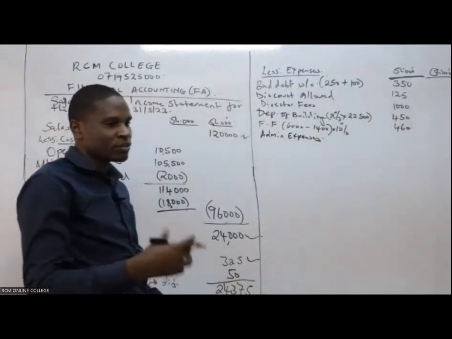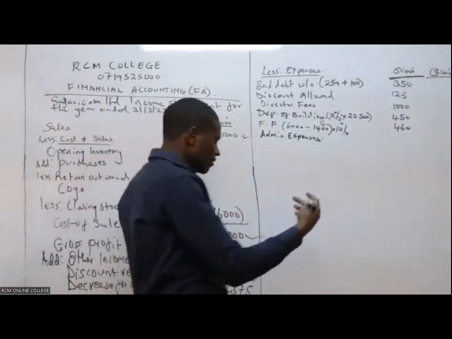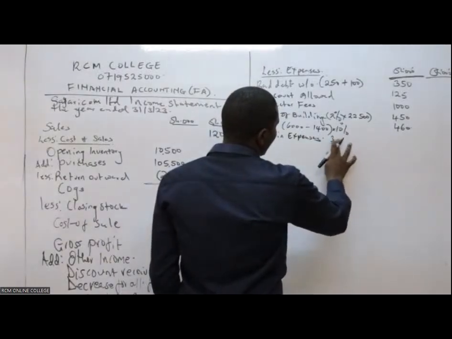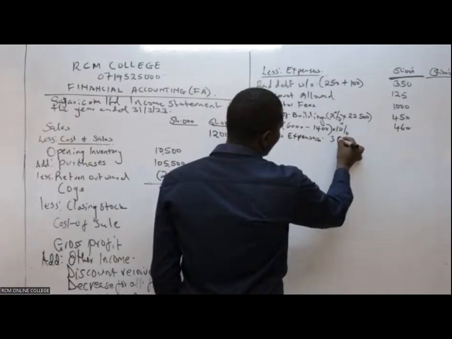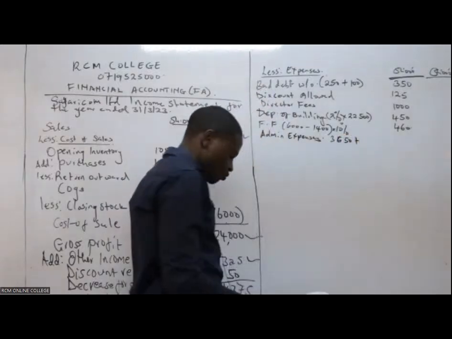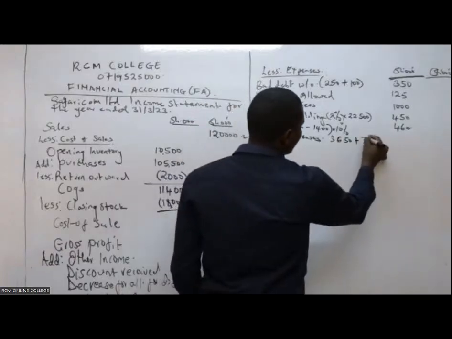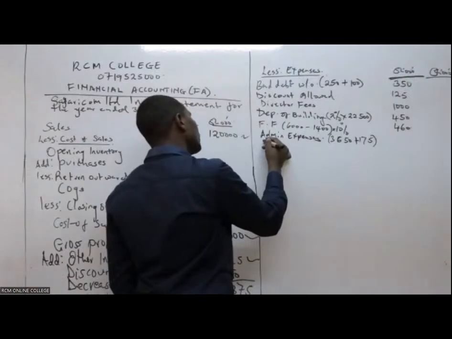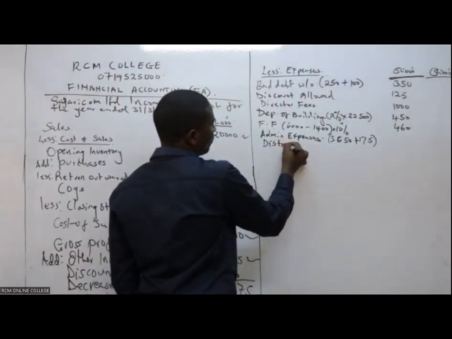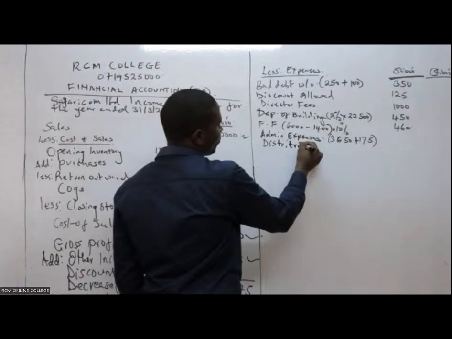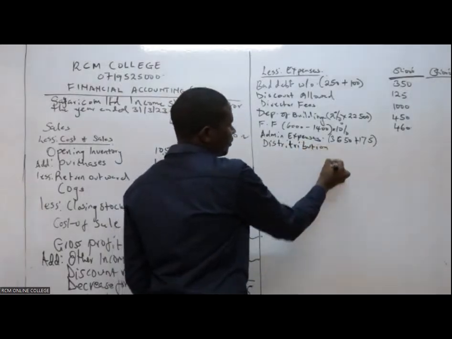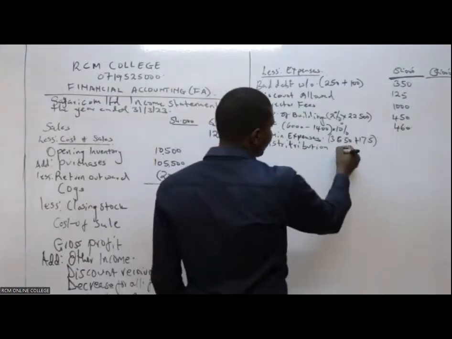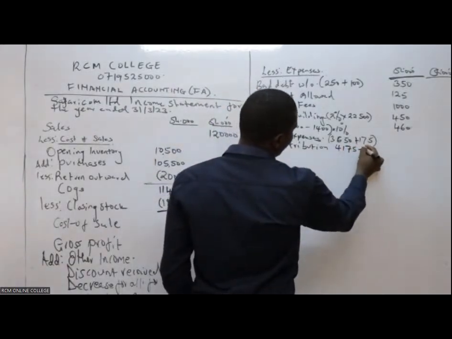I can see in the trial balance the admin is 3650 plus whatever was accrued. The accrued amount is 175. What is the total? And then we go to distribution. Distribution, we had a prepaid, so we less: 4175 minus 75.